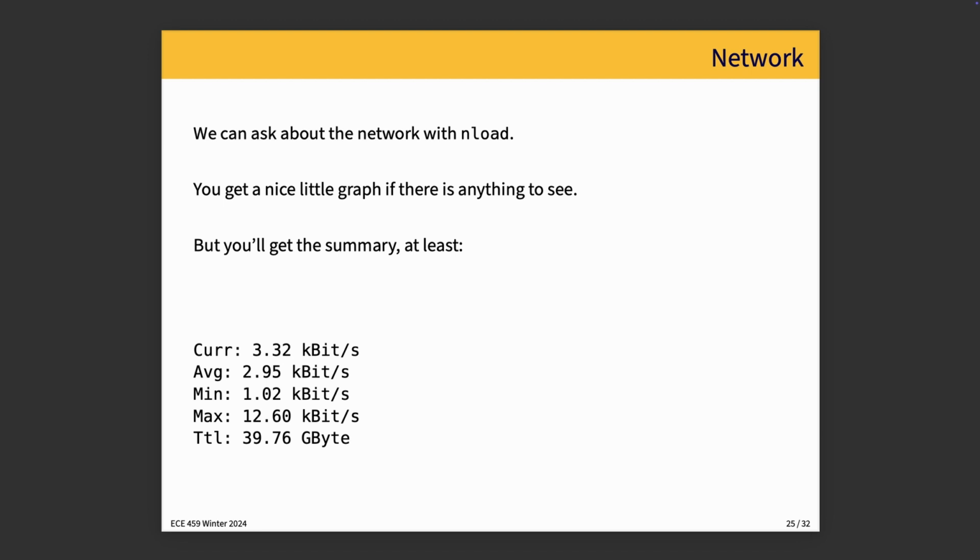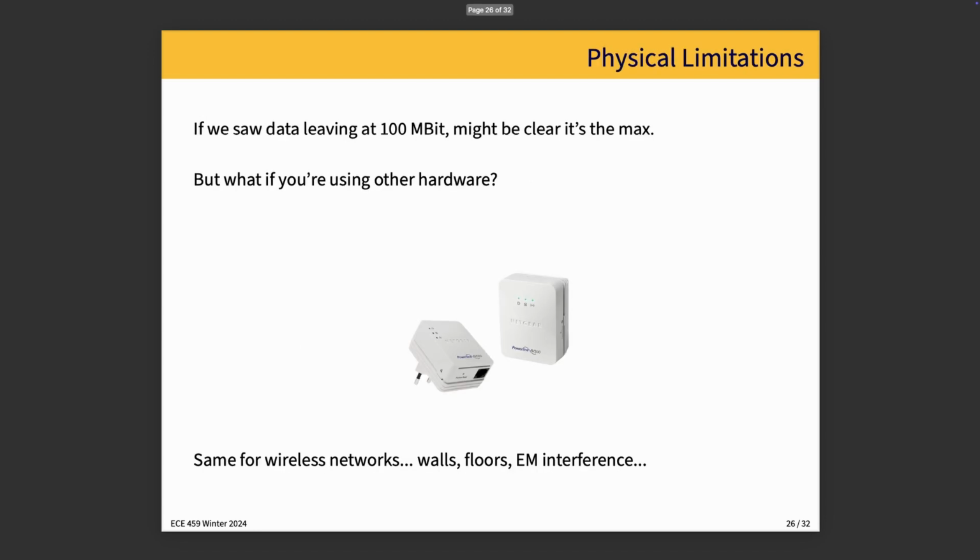And you could have something that looks like the maximum theoretical for your Ethernet connection, but you might not, right? What if you're using other hardware? There are these power line devices. If you're living in a place where there aren't Ethernet cables installed in the walls, one of the ways that you could solve that, of course, is install them.